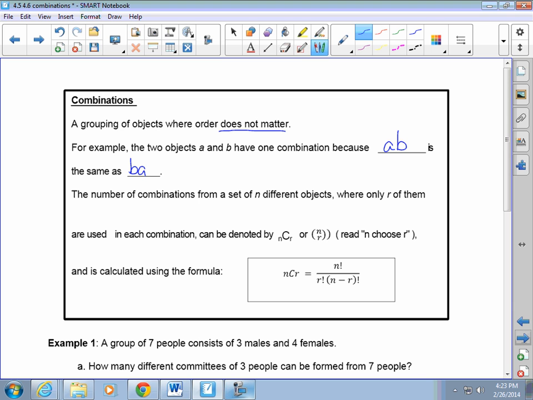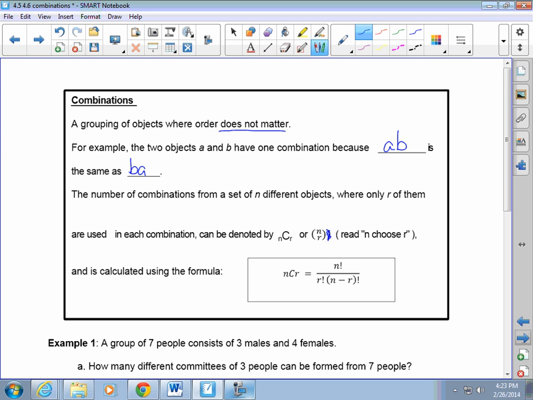The number of combinations from a set of n different objects where only r of them are used in each combination can be denoted by nCr, or n over r in a bracket, and there should only be one bracket there. Read it as n choose r. It is calculated using the formula n factorial over r factorial times n minus r factorial.